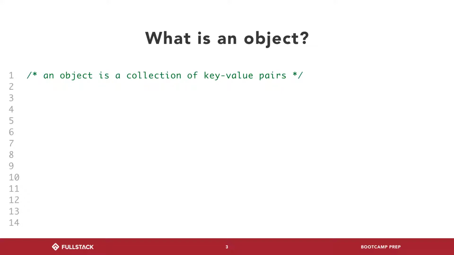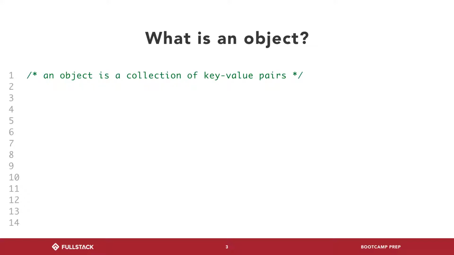So an object, it's called an object in JavaScript. In Python, it's called a dictionary. And I like the metaphor of a dictionary a lot because if you really think about it, what is a dictionary? A dictionary is just a collection of words and definitions, right? That's all it is.